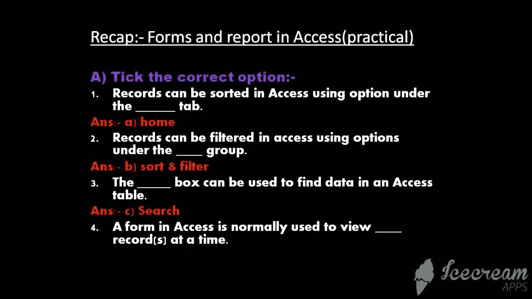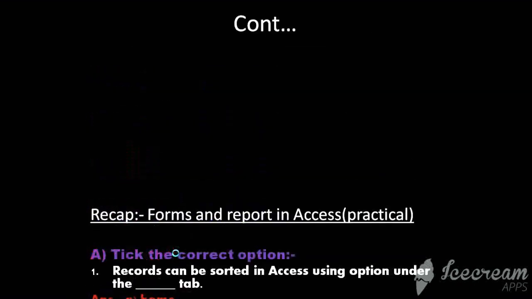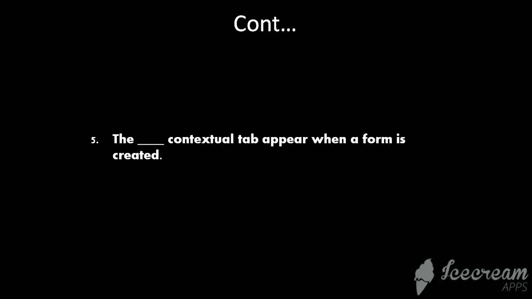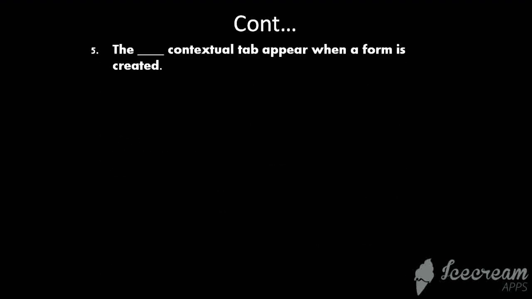A form in Access is normally used to view dash record at a time. How many records at a time does it display? One. The contextual tab that appears when a form is created is the Design tab, right?